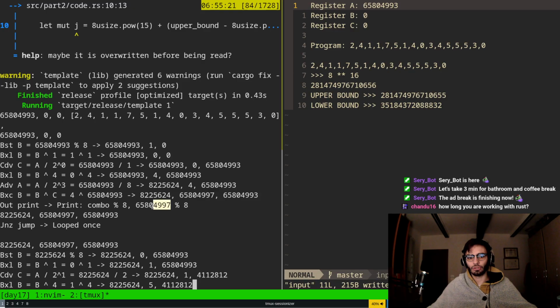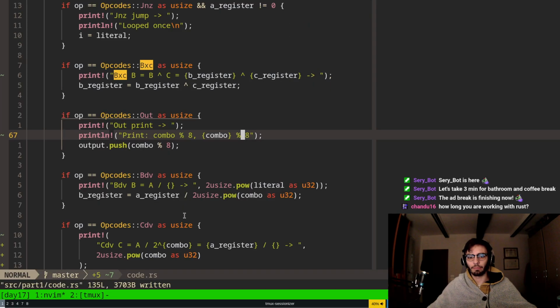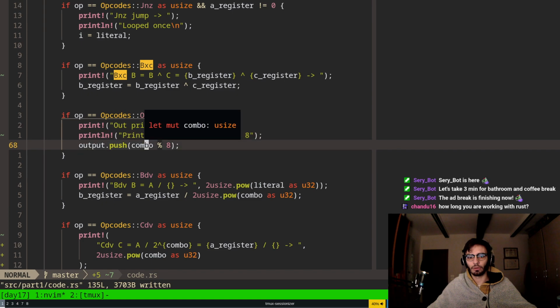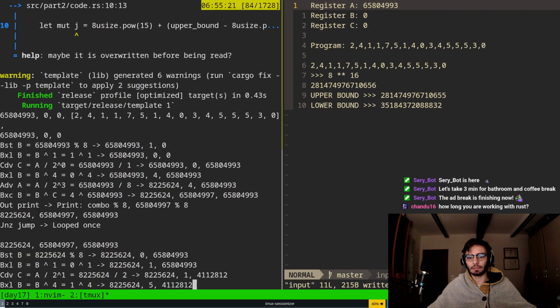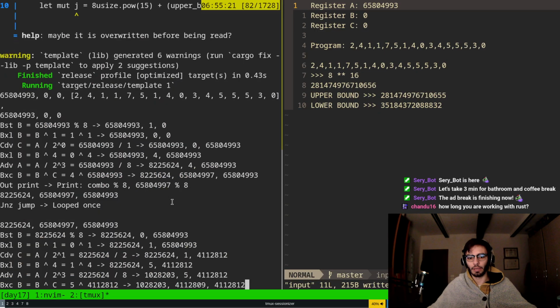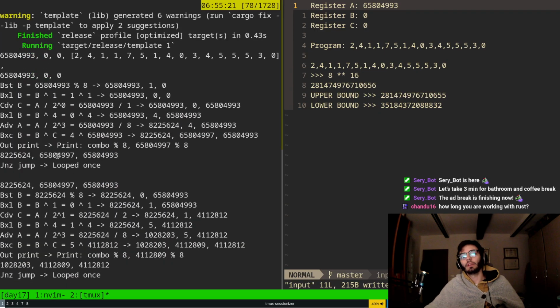And this essentially is B. What did I say, combo? Because my combo in this case would be B. Yeah. So print out B.